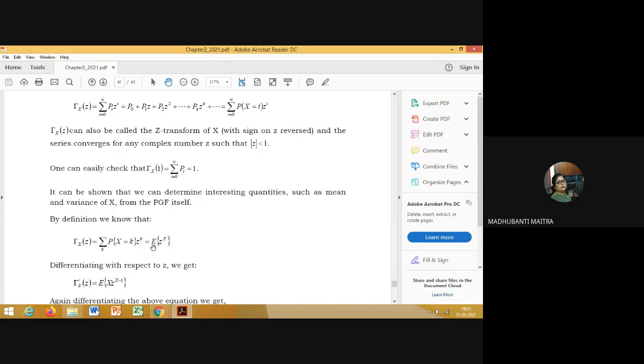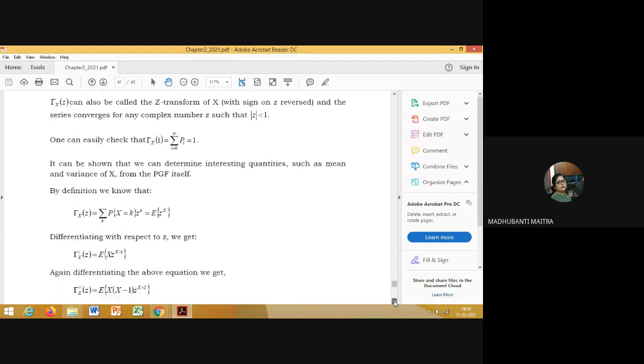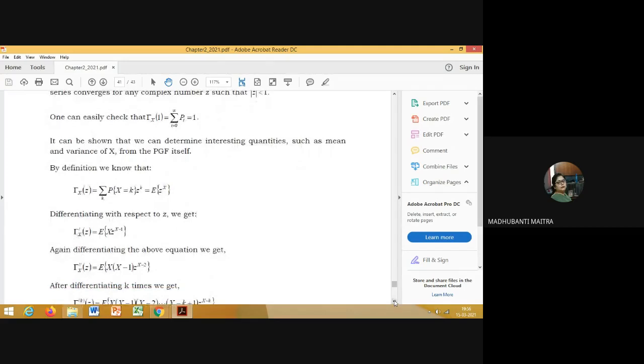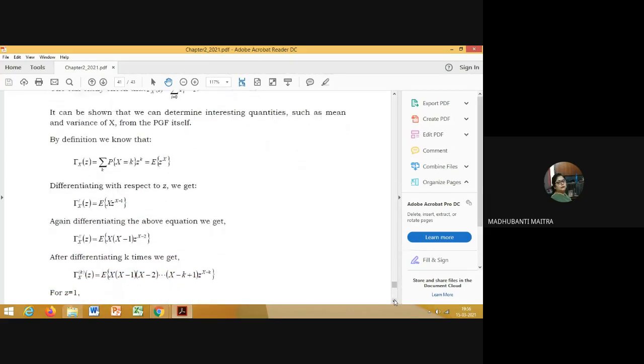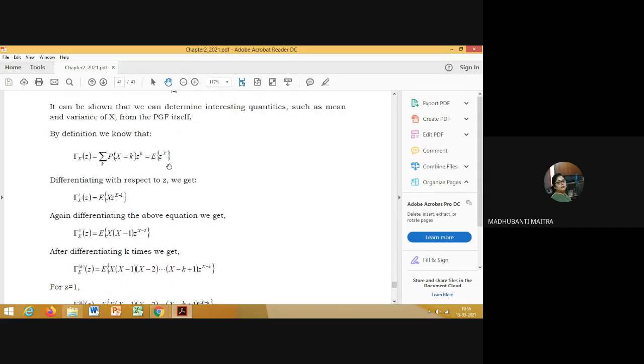So in general, we can write this as the expected value of z to the power x. Clear? Yes, ma'am. Now again, we'll start differentiating.